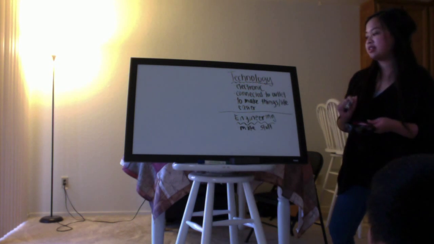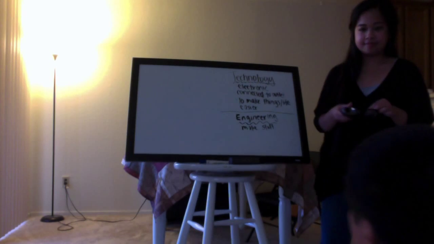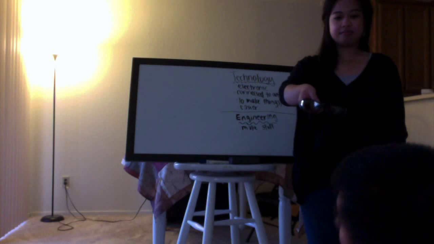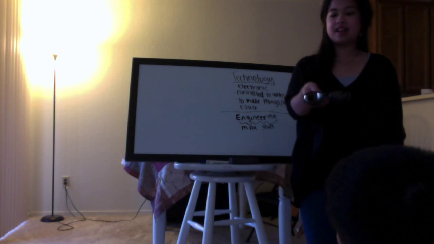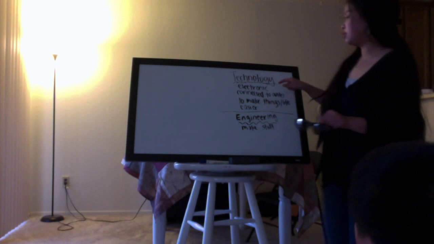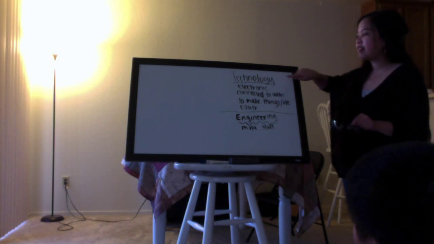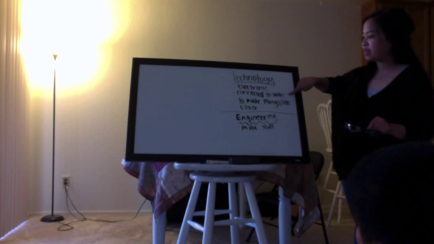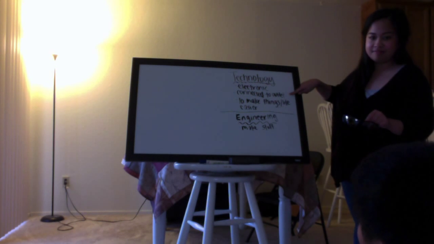It has to be connected to an outlet. So does this need to be connected to an outlet? Does this need electricity? No. No, but the definition we put on the board is that technology is some sort of electronic or something that is connected to an outlet.